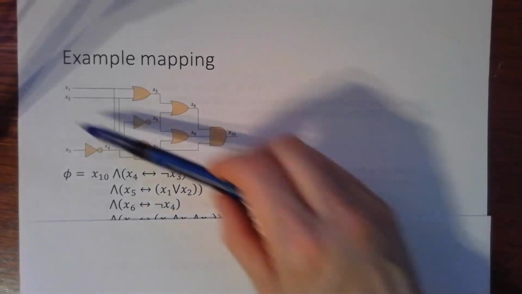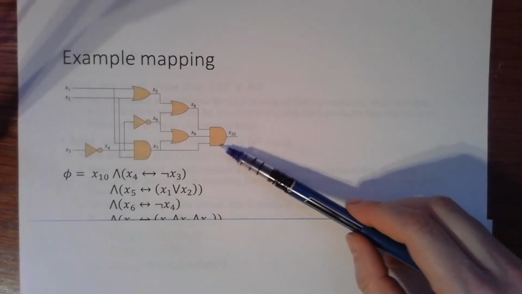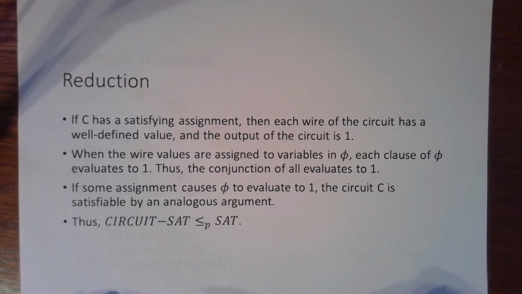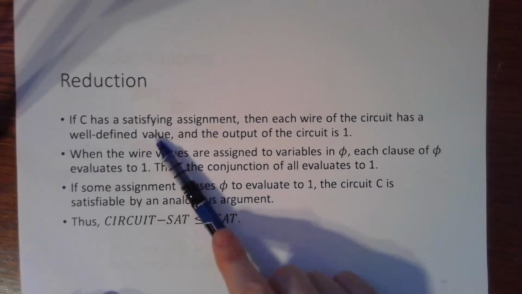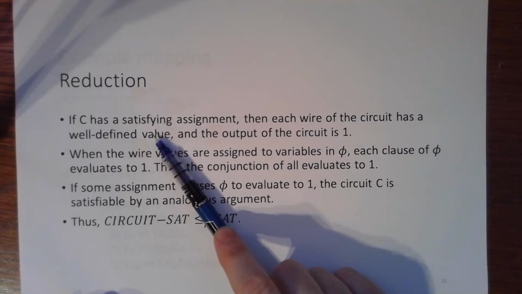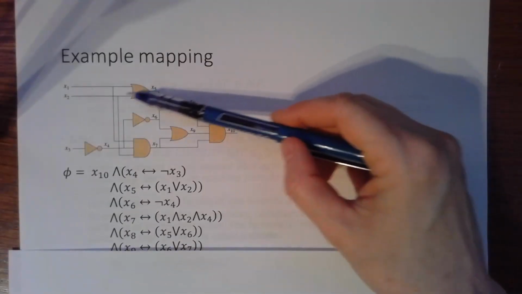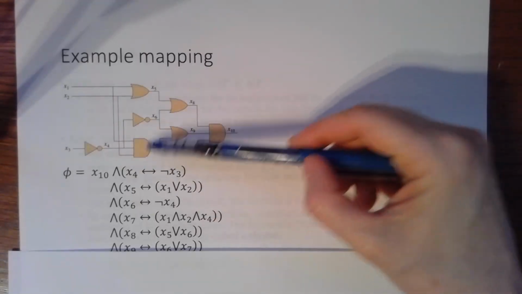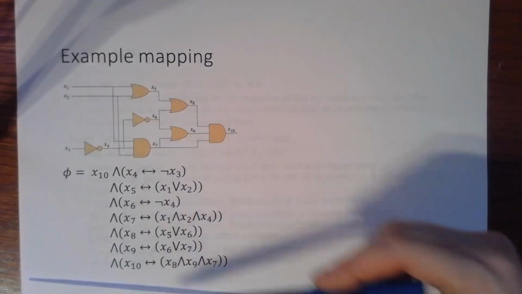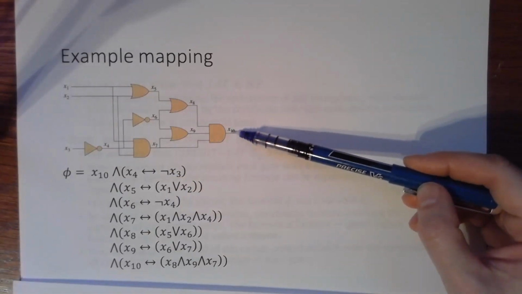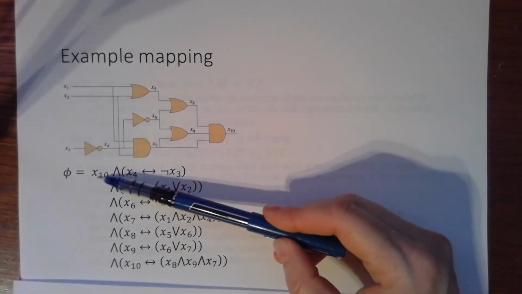If the circuit has a satisfying assignment, then each wire of the circuit has a well-defined value. And if there's a well-defined value, the output of the circuit has to be 1. That means that all of the gates are doing the job they're supposed to. So these will all be 1, and because it's satisfiable, the output is also going to be 1.